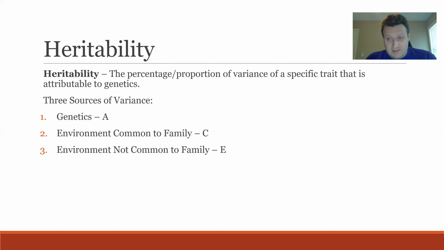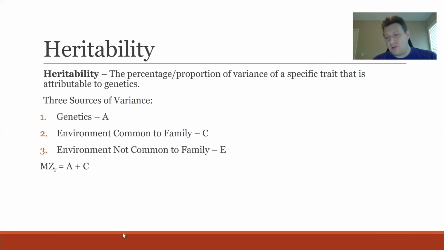Now, if genetics is important, the monozygotic twin correlation should be greater than the dizygotic twin correlation. If they're the same, heritability is 0. All right.